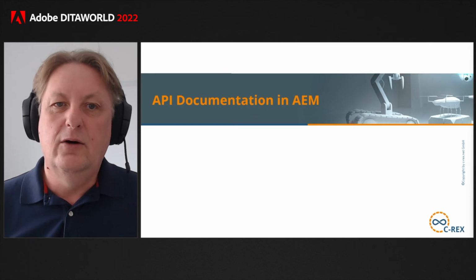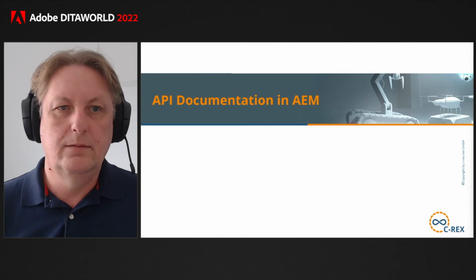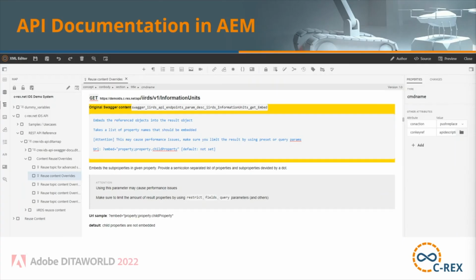Let's see how the result looks after the DITA files are imported in AEM. This is the DITA map we generated from the JSON file automatically. You see the reuse topic conrefing the description of the embed parameter in the IRRDS information units endpoint written by our developers, which is overwritten by Regine, our technical writer.